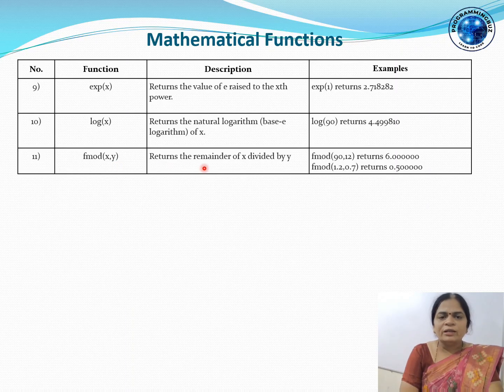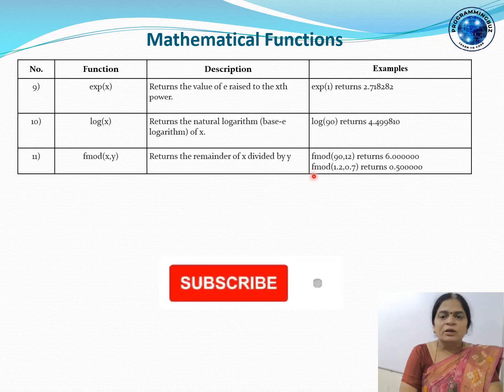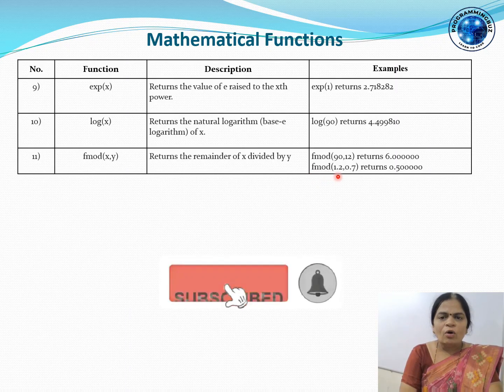Let us consider one example here. The first example is fmod of 90 comma 12. Of course, the remainder of 90 divided by 12 is equal to 6.00. Hence fmod of 90 comma 12 will return the value 6.00. And you can use this function with float values also, like here. I have used fmod of 1.2 comma 0.7.